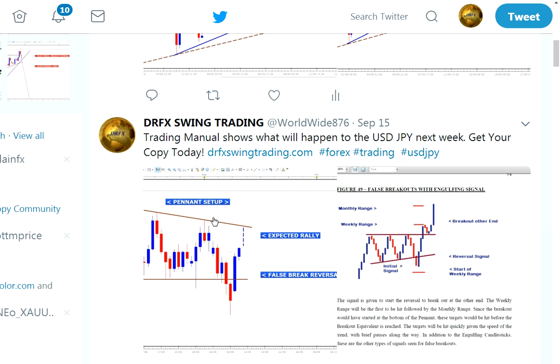So the setup on the US Japanese yen was exactly as you see here in this textbook example, and this was therefore the justification as to why I predicted that the market was gonna continue this bullish movement in favor of the US dollar and provide us with trading opportunities as part of this movement.